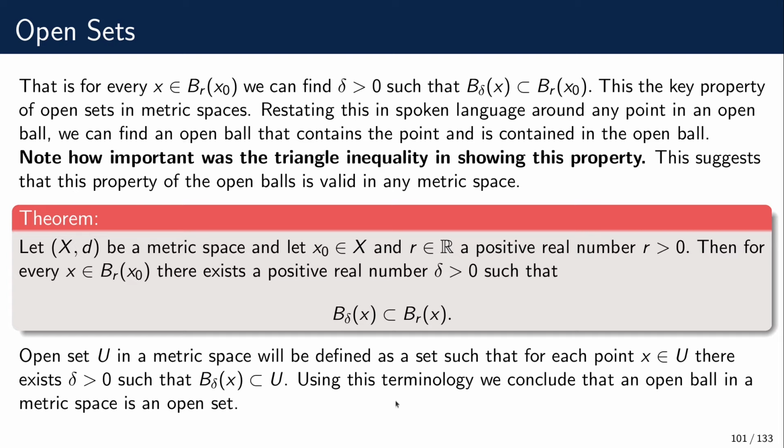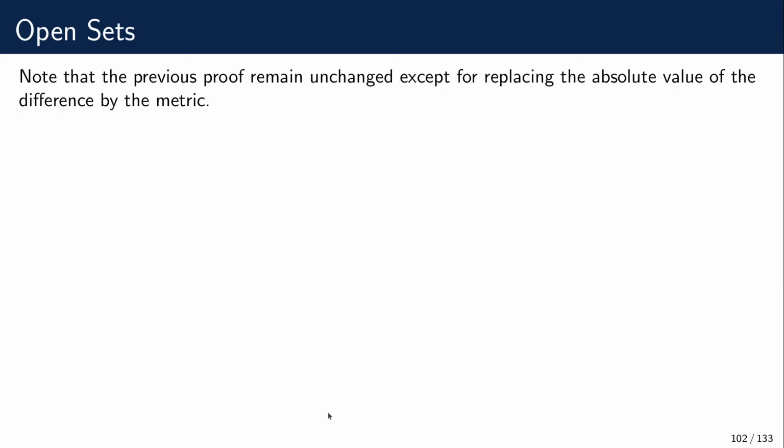If we define open sets in such a way, a set is said to be open if around each point in the set we can find an open ball that is entirely contained in the set. Using this terminology, this theorem says that open balls are open sets. As I mentioned, the previous proof remains unchanged except for changing the metric.